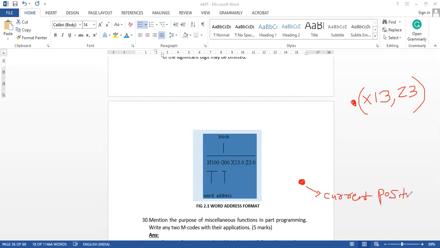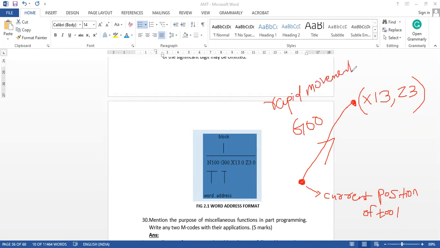Whenever this block executes, the tool will move from this point to here. This is called G00, a rapid movement to X13 Z3. That is the meaning of this block.